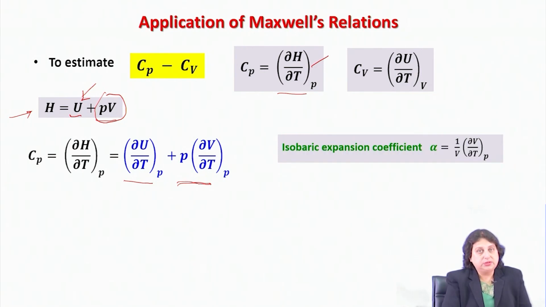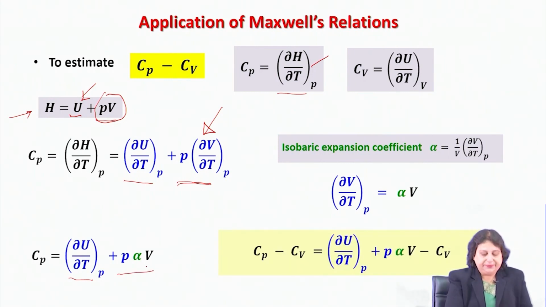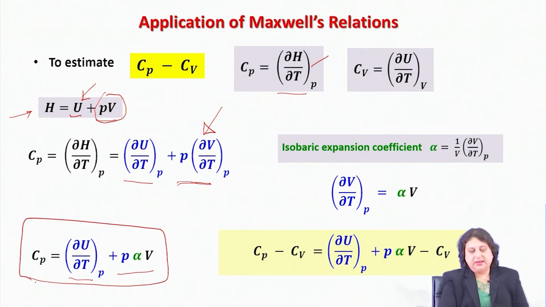So, here I note that the isobaric expansion coefficient can be used for the term here, which involves (∂V/∂T)_P, and (∂V/∂T)_P is nothing but alpha into V, and therefore I can write Cp must be equal to (∂U/∂T)_P plus P into alpha V. Once again, what I will do is put this expression for Cp into the expression for Cp minus Cv.